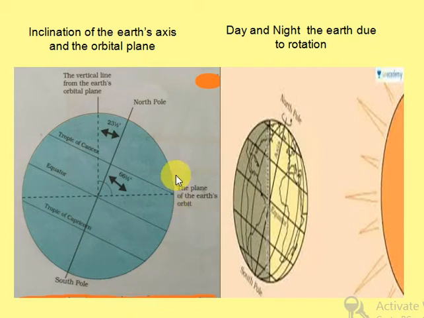The axis is tilted at an angle of 66.5 degrees with the plane of the Earth's orbit. This tilt is called the inclination of Earth axis.